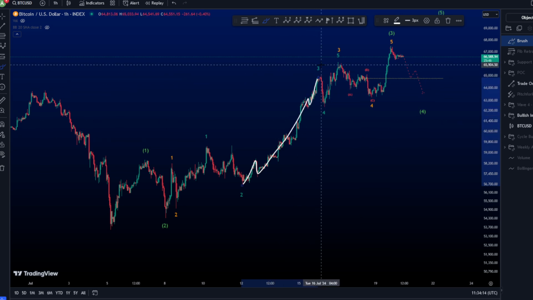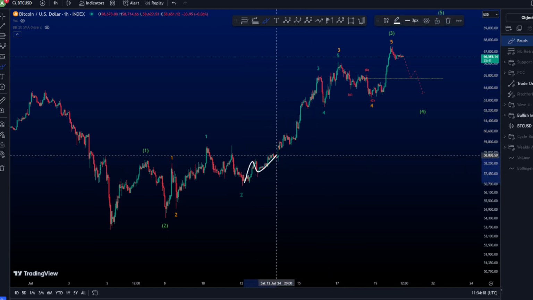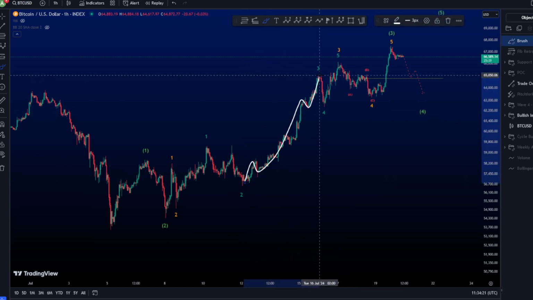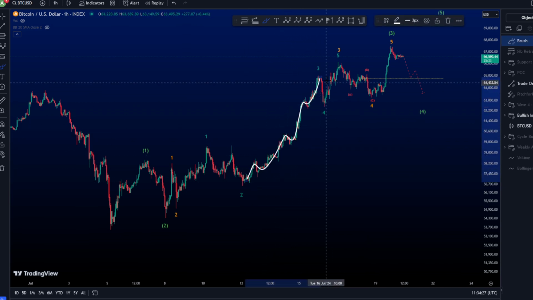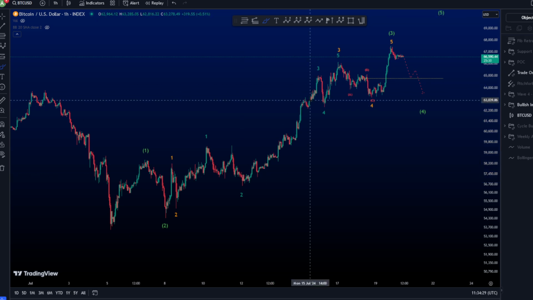This is definitely a wave 3 made of 5 waves, and it's very obvious that it's expanded, right? 1, 2, 3, 4, 5, 4, 5. So we can call this a wave 3.